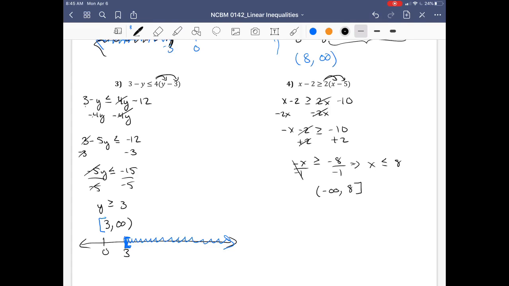But this is a bracket. So I have 0, 8, and 10 to test. So according to our equation, we're going to be going with a bracket, and solutions are that way. Okay, let's do our test.